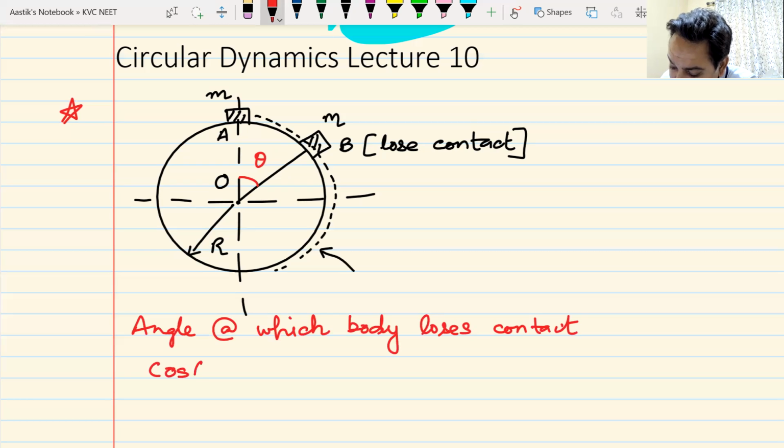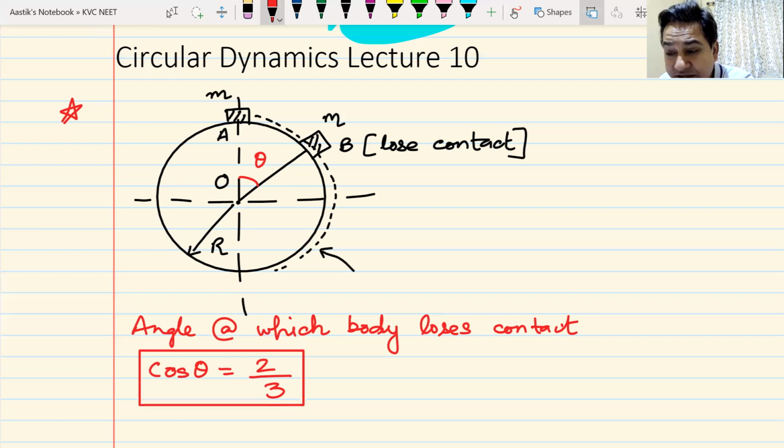Cos of that angle, cos theta is 2 by 3. That is the angle at which the body loses contact. Or I can say theta will be equal to cos inverse 2 by 3.